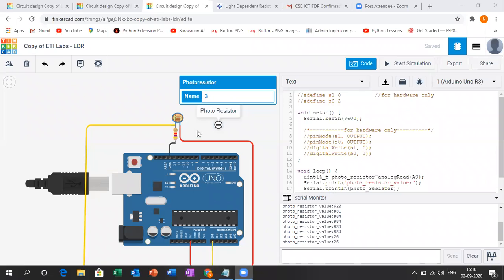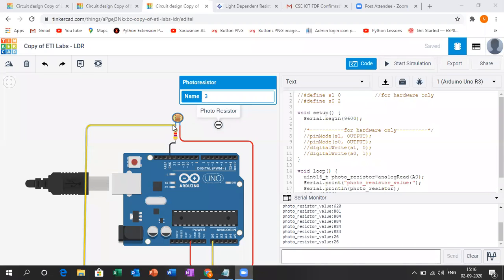As we move to the connection part, the LDR has two pins: the first is the terminal 1 pin and the second is the terminal 2 pin. I connect the terminal 2 pin with the 5 volt power supply of the Arduino, and terminal 1 of the LDR I connect with the ground pin of the Arduino.